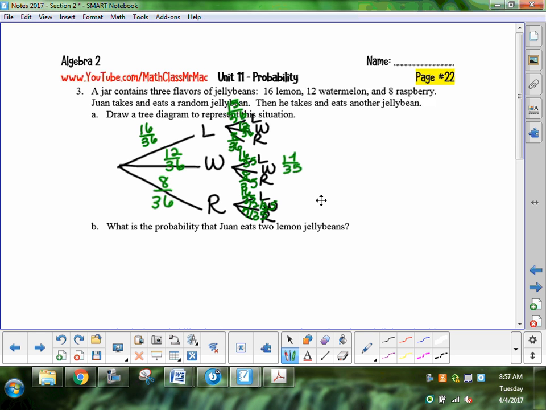Now, what's the probability that someone eats 2 jelly beans? Now, this one's a little bit awkward because you could do it as a given. Something given something.